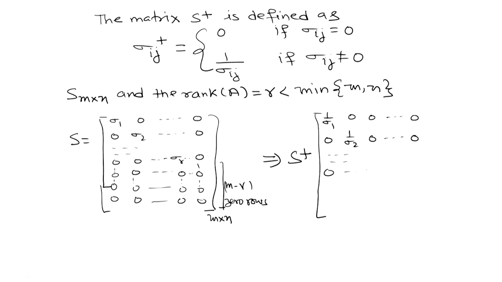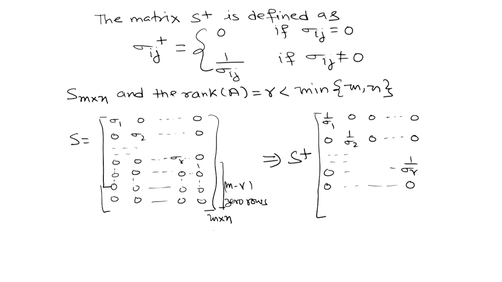In the same way it will become 1 upon sigma r, and then I will be having zero rows, because there will be 1 upon 0. So, 1 upon 0 I will replace by 0.